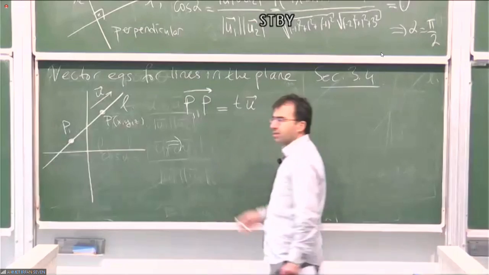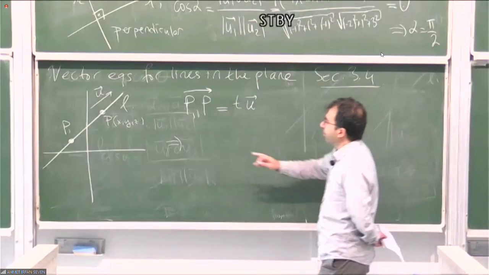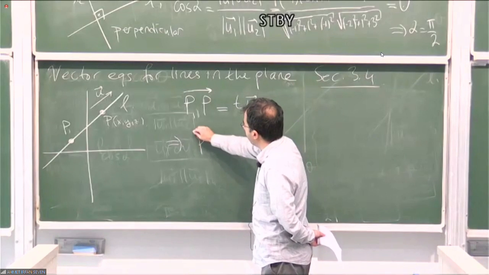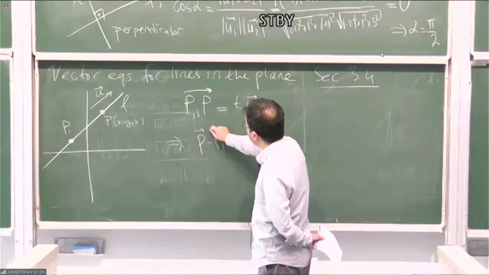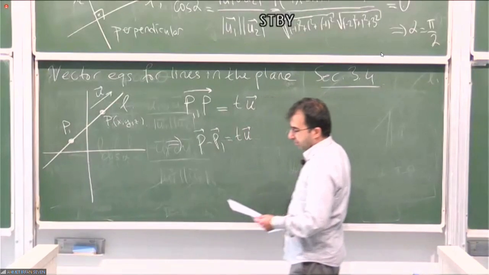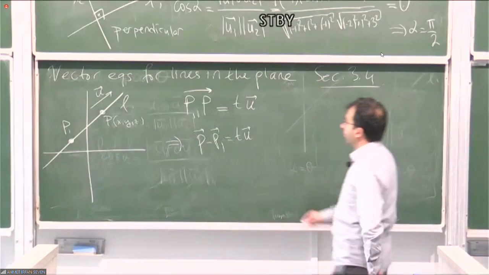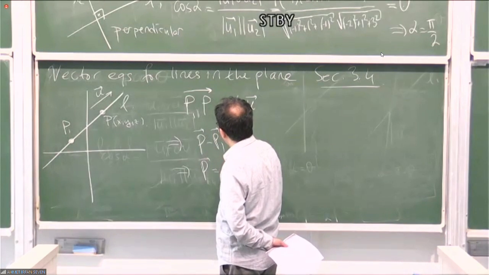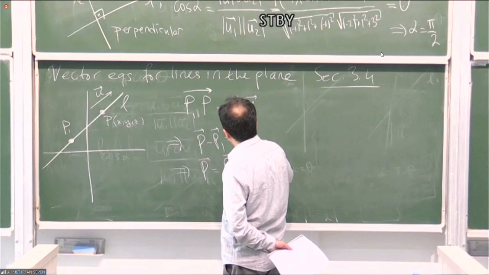But we can write it in slightly different forms. For example, we can write this vector P1P as P minus P1 equals t times u. From here, we can write P equals P1 plus t times u.